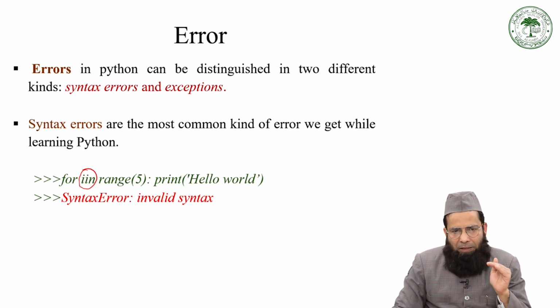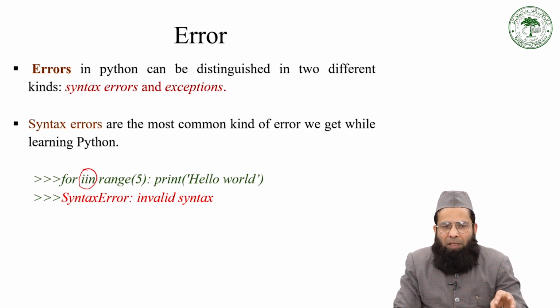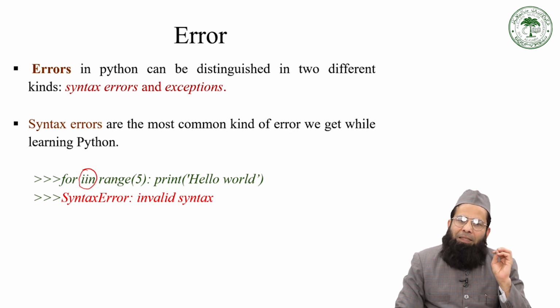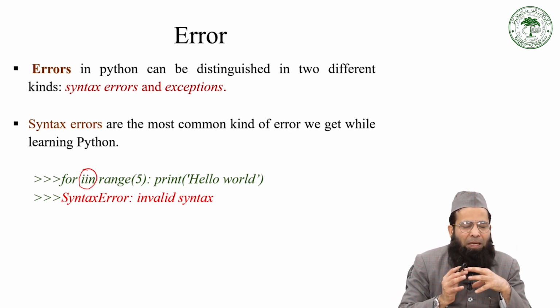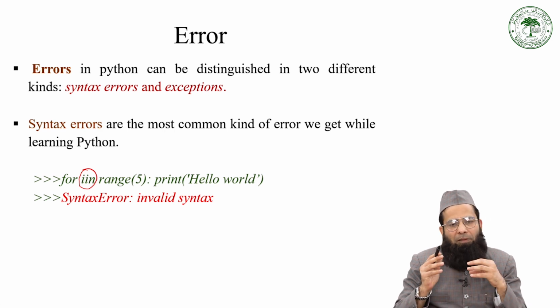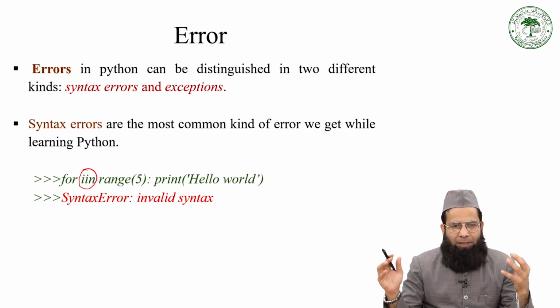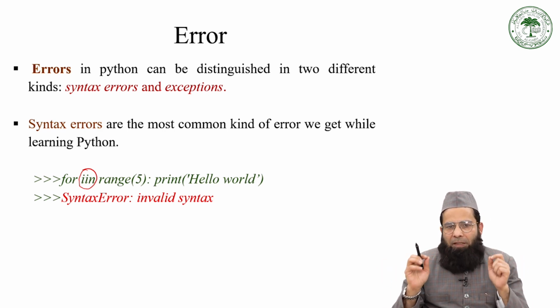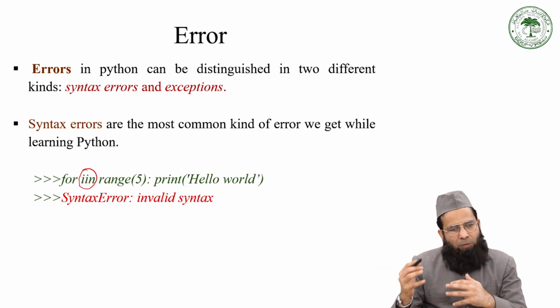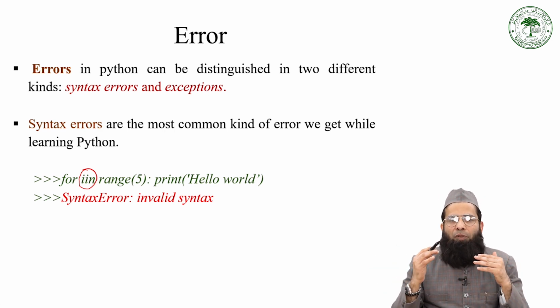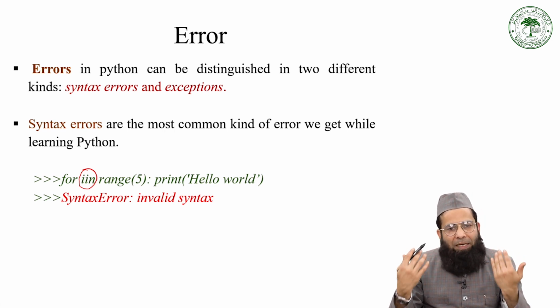So it is syntactically not correct, and it gives us a syntax error, which is invalid syntax. Each and every programming language has its own syntax, and that syntax needs to be followed. If you are not following the syntax, it will give you a syntax error.